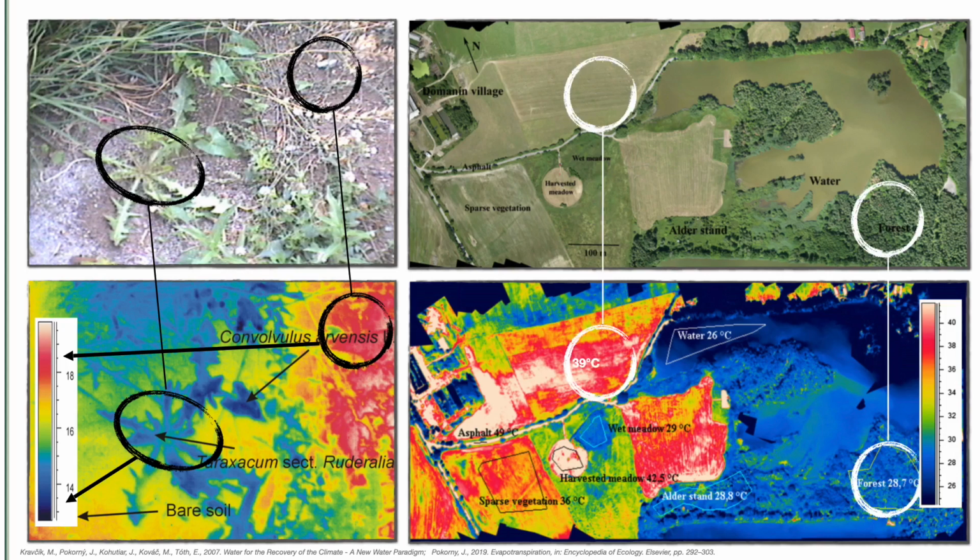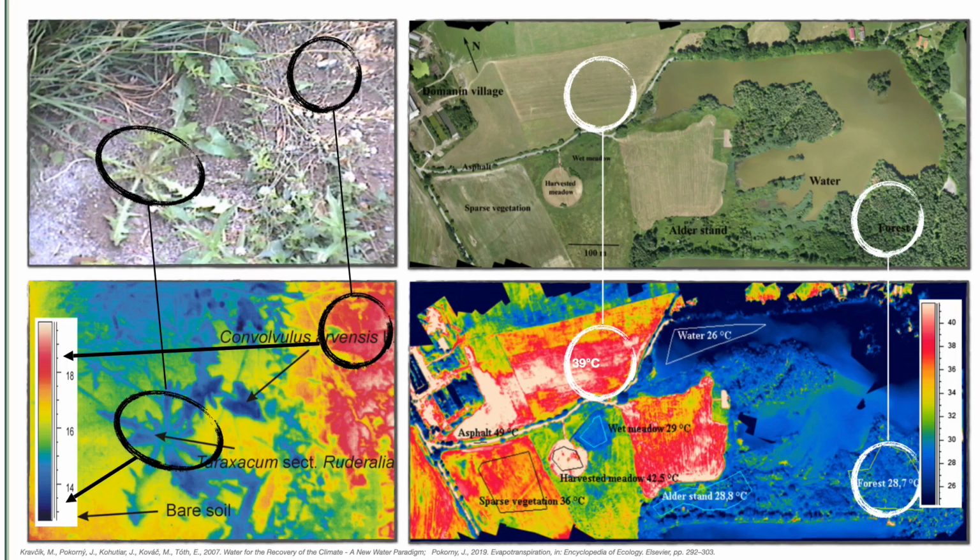If we now go to the freshly mown meadow, a temperature of 39 degrees can be measured. This corresponds to a temperature difference to the forest of over 10 degrees. And if we look further to the left here, we find even higher temperatures of well over 40 degrees, with the winner being asphalt with a whole 49 degrees. That's a temperature difference of 20 degrees.